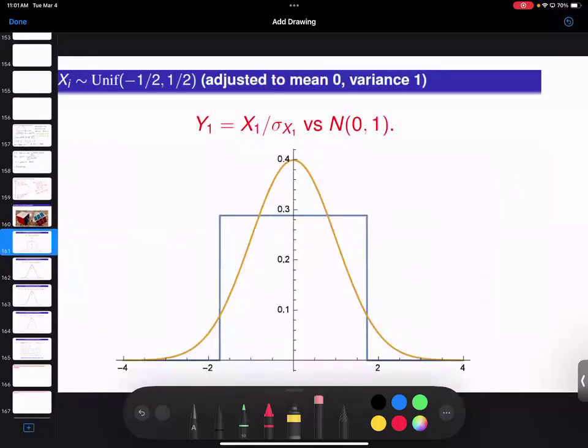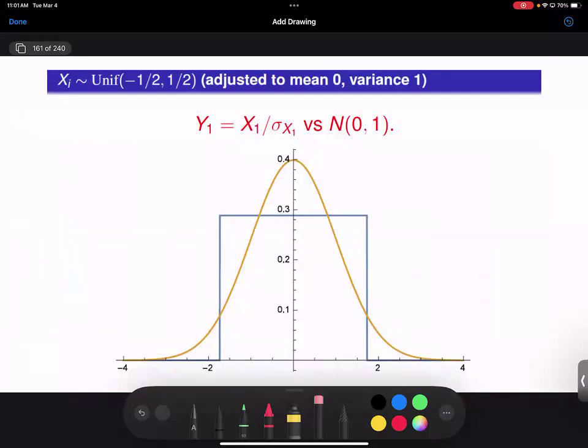So here is a uniform random variable from -1/2 to 1/2. And then I'm looking at a rescaled random variable. Is there anybody here who has not seen the concept of the standard deviation? Okay, we haven't officially covered it in this class, but I'm assuming by now everybody has seen standard deviation. We will cover it formally.